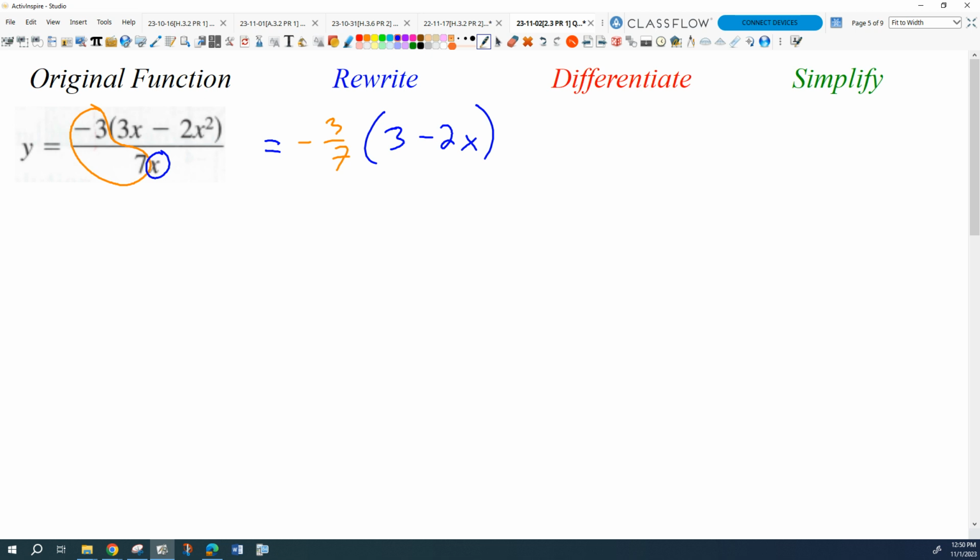Way easier, isn't it? So when I differentiate then, I've got my -3/7 out front. And what's the derivative of 3 minus 2x? -2. So that simplifies to what? Easy.